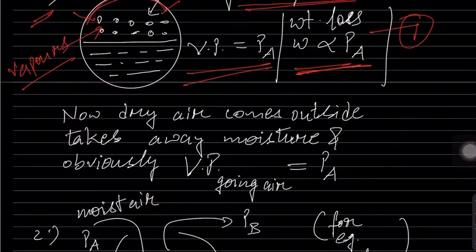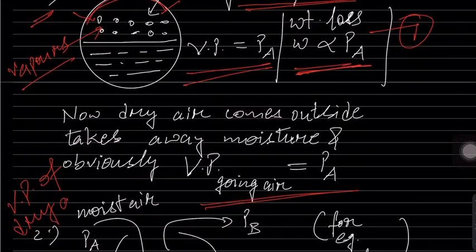Now the dry air comes outside, takes away the vapors, and initially let us say the vapor pressure of dry air is equal to 0. We are assuming it, although it is 760 torr, but because that does not have any significant calculation, so we say 0 torr initially.